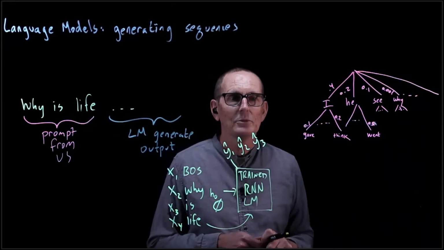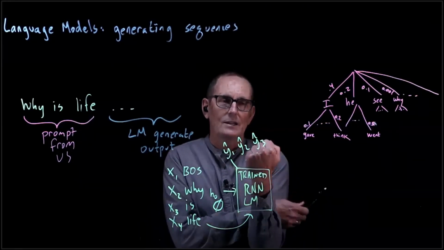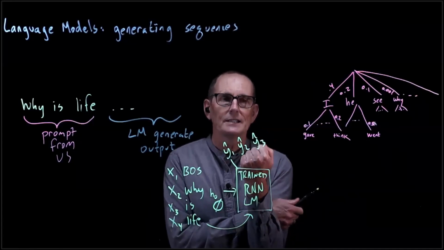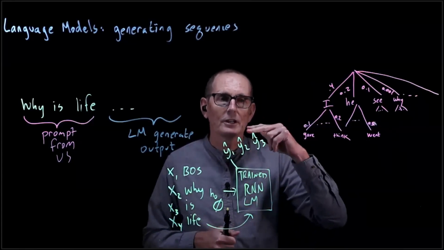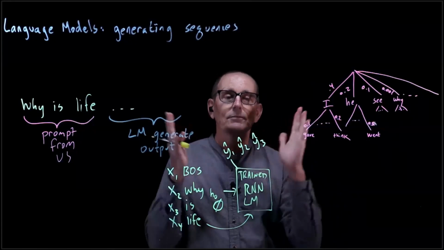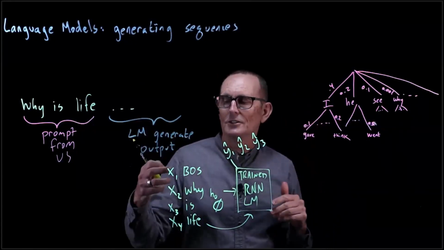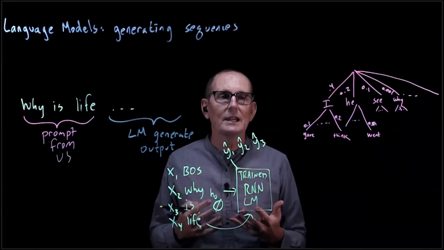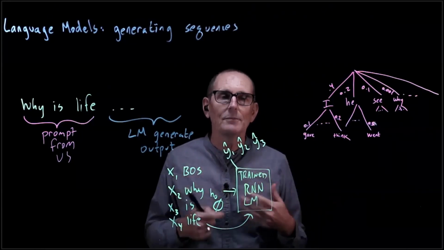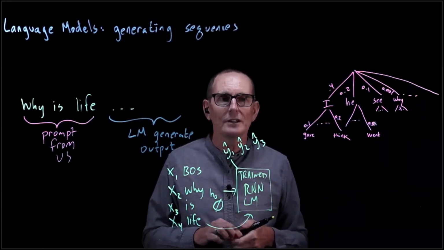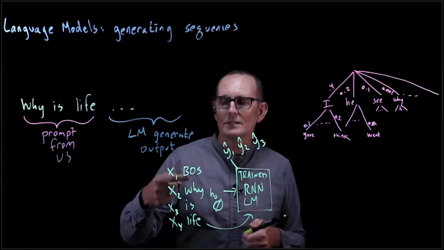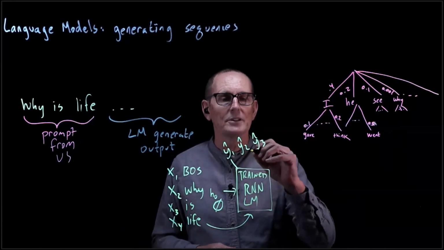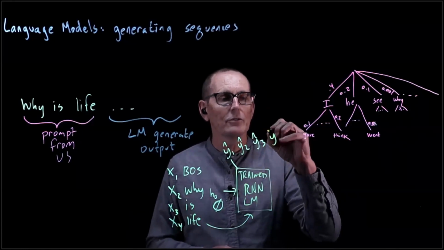Remember, as we were doing the training, and you may remember that FastAI does this, it puts a special token at the beginning of every sequence to say, hey, I'm starting fresh. And so we want to go ahead and put that in so that we are simulating, as we're generating, the same things that we were trained on. So we put the beginning of sequence, and then our 3 words. So we're going to actually get 4 outputs, y hat 1, y hat 2, y hat 3, and y hat 4.